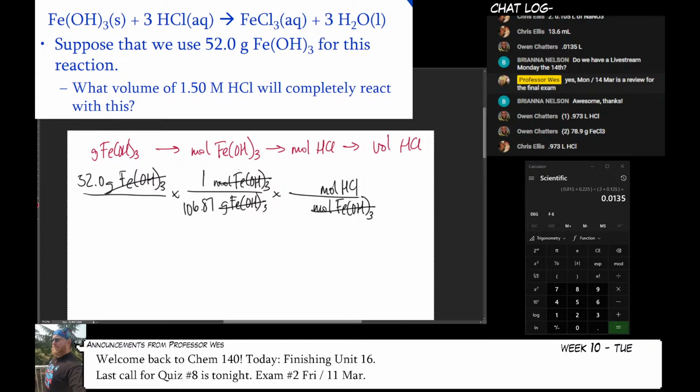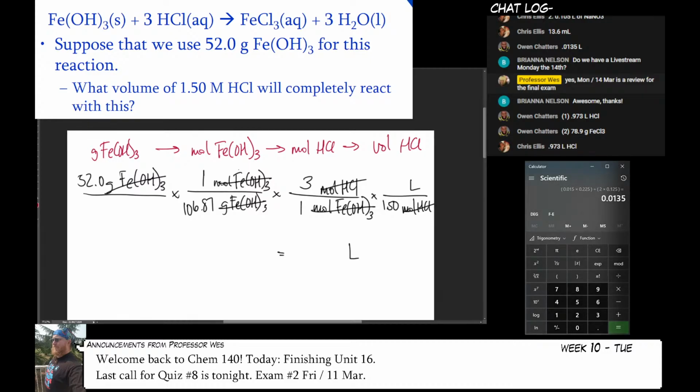So there we go. According to the balanced chemical equation, I put one of these in, and I also put in 3 of these. And then finally, the molarity is 1.50 moles per liter. So how many liters would be needed to react with this?